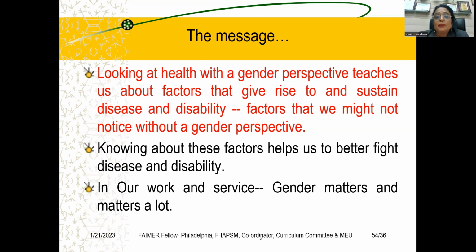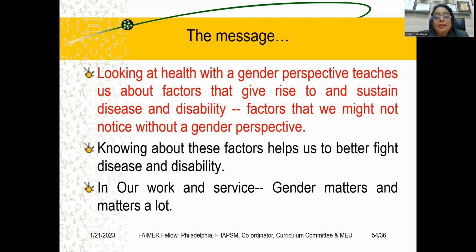It interacts with other determinants of health like education, a very important one, and poverty. If we see that people are poor, if we see the BPL data, you will find that if people are poor, then there are more poor women as compared to poor men.